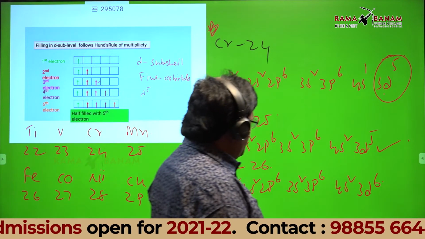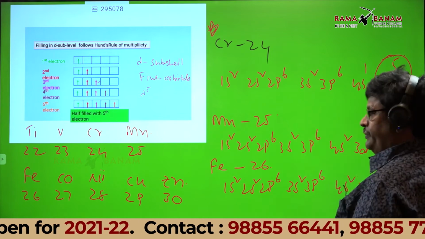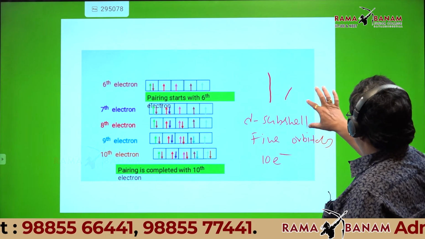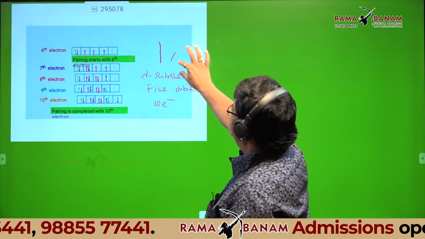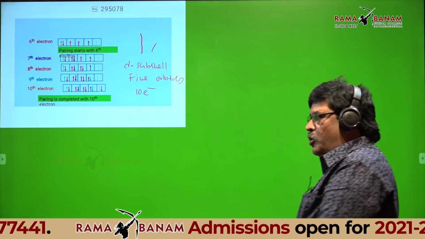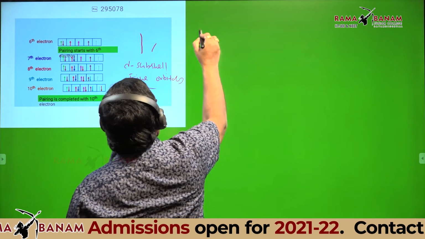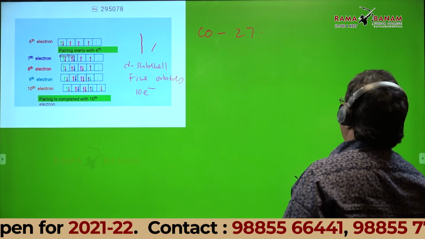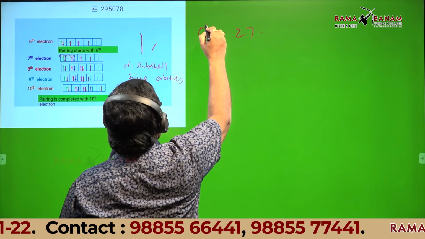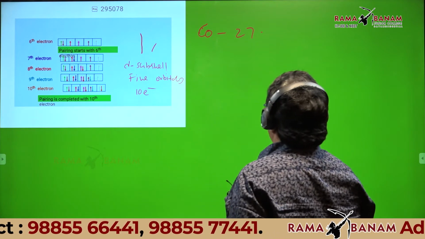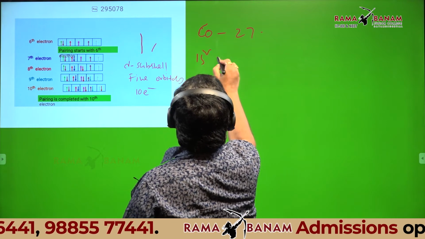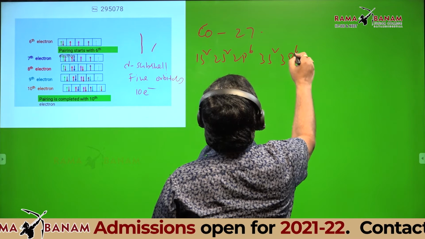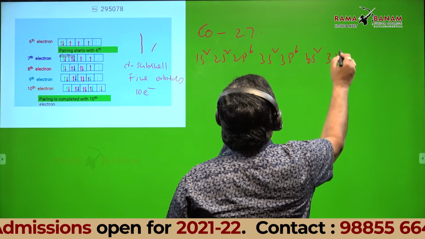Can I go to next board? Next to iron, cobalt. Cobalt is 27. So configuration is 1s2, 2s2, 2p6, 3s2, 3p6, 4s2, 3d7.